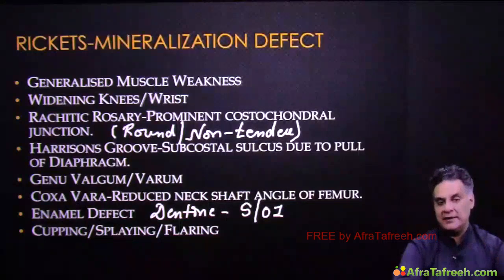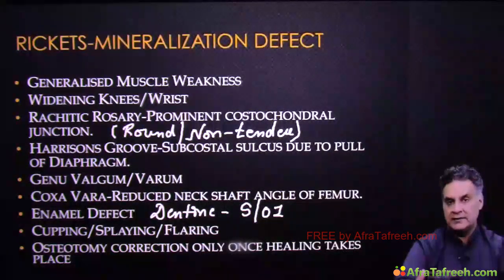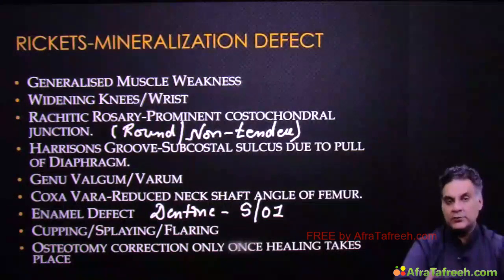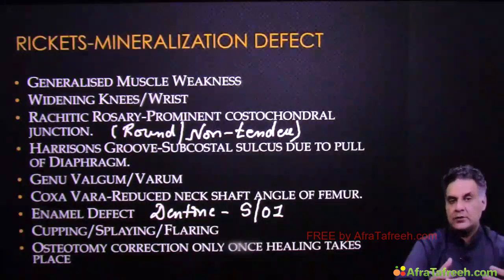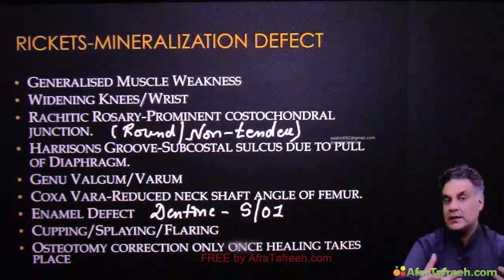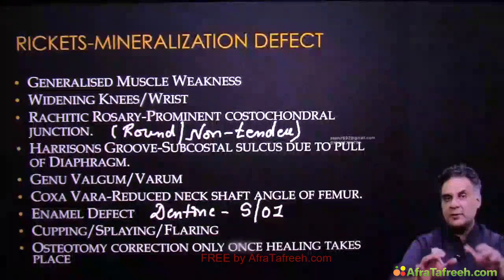Cupping, splaying, flaring, I told you. In rickets, an osteotomy correction is done only once you see healing on X-ray. You can remember it like this: abdomen protuberant because of muscle weakness, bowing of the bones, costochondral junction prominent, rachitic rosary, craniotabes, delayed fusion of the sutures of the skull, ping pong skull.